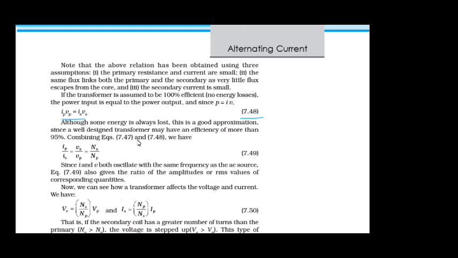Combining equations 7.47 and 7.48, we get Ip upon Is is equal to Vs upon Vp is equal to Ns upon Np.